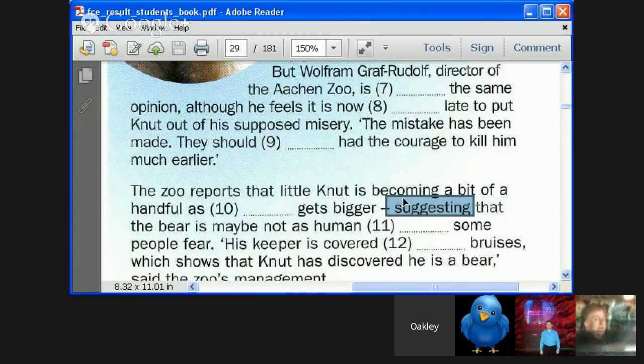Okay, Nader, number 11. A bit of a handful as he gets bigger, suggesting that the bear is maybe not as human, blank, some people fear. As human as, yes. A little bit tricky here. This is a very standard structure: as adjective as something.